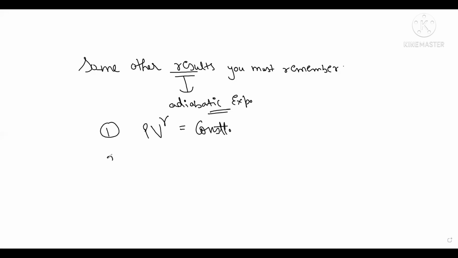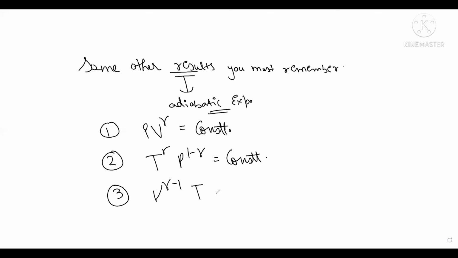Please note that only V is raised to the power gamma, not P also. Next is T raised to the power gamma, P raised to the power 1 minus gamma is a constant. And third is V raised to the power gamma minus 1, times T, is a constant. If not all three, at least the first equation you must remember very well.